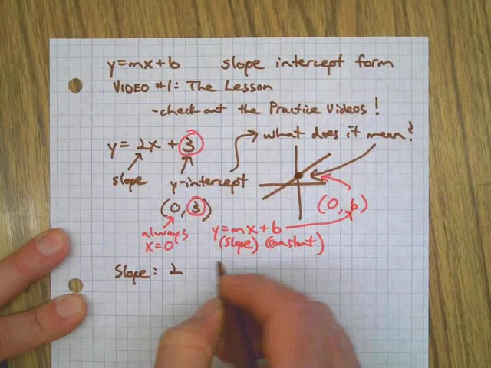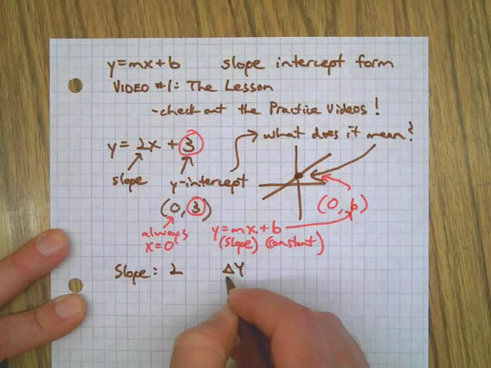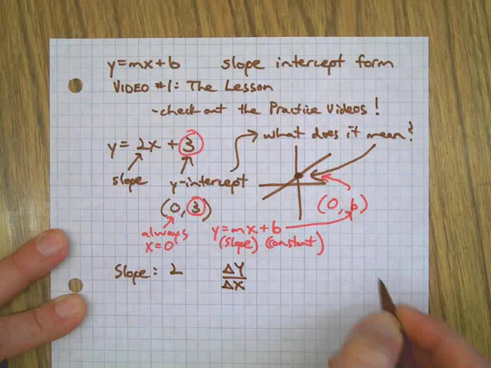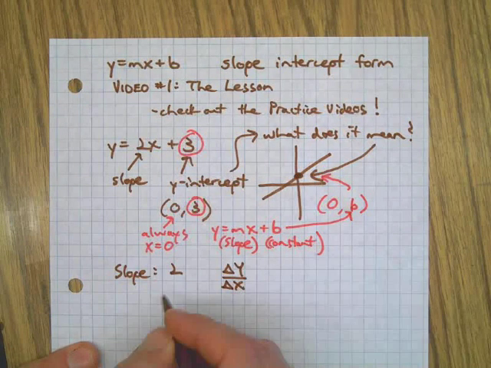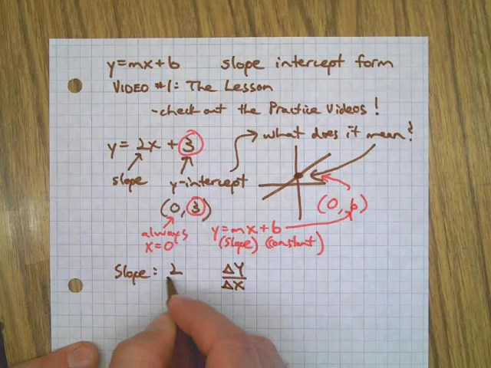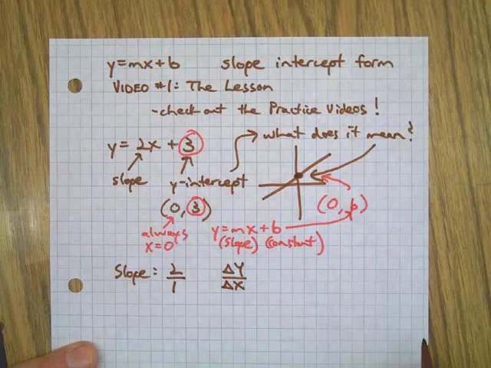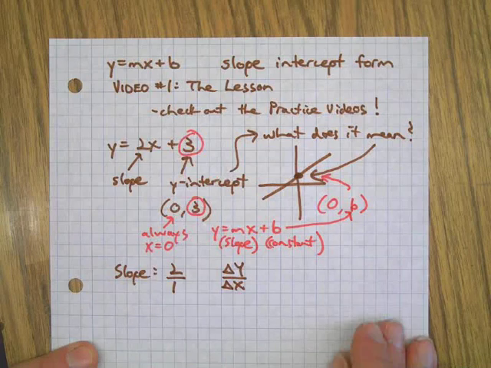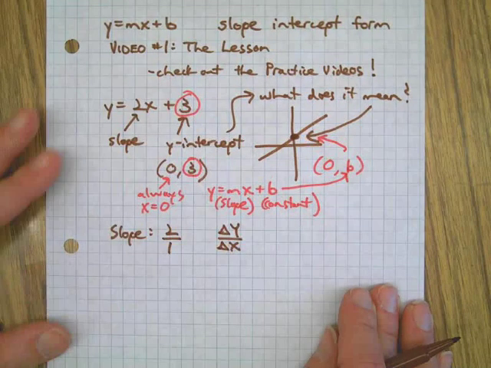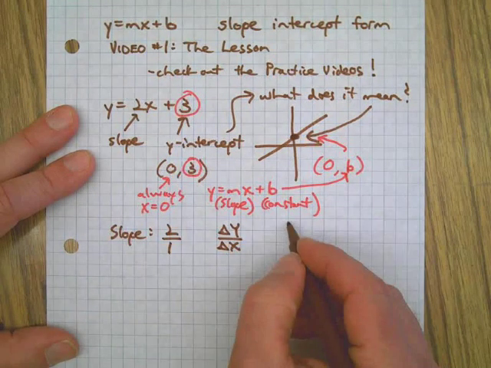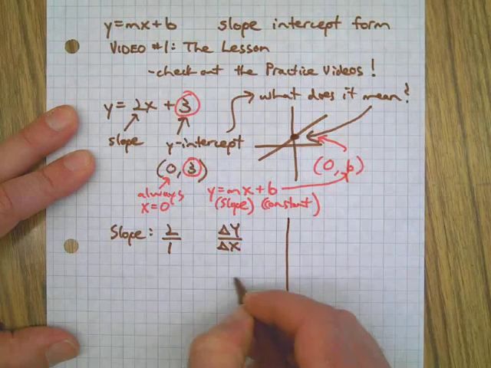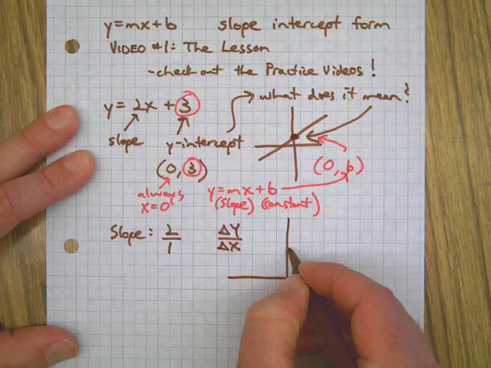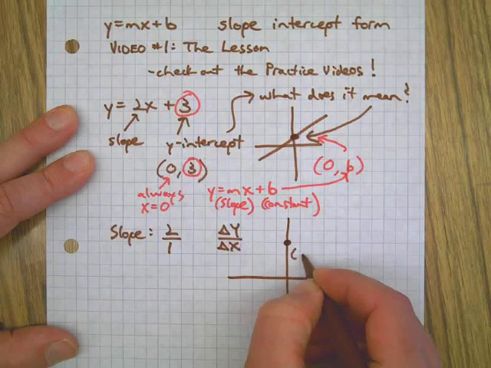Slope is written as the change in y over the change in x. So in this case, it represents 2 over 1, and we would put a 1 on the bottom. So this means the y value is changed by 2 for every change of 1 in the x values. Okay? If we translate this to a graph, I'm going to use my 3 from up above.